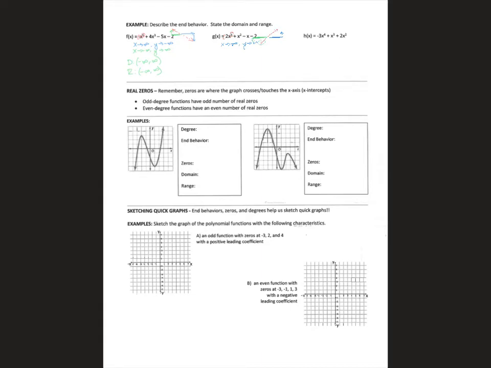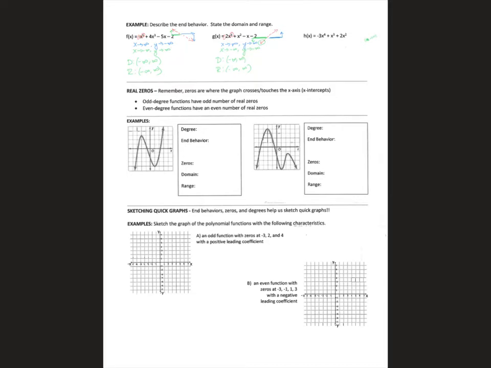So my x value goes towards negative infinity, my y value is going towards negative infinity. Okay? And then as for the domain and range, again, since it's continuous, I know that the domain is always going to be negative infinity to infinity. The range, since it's essentially like a line, right? All the y values are accounted for, so that would be negative infinity to infinity as well.